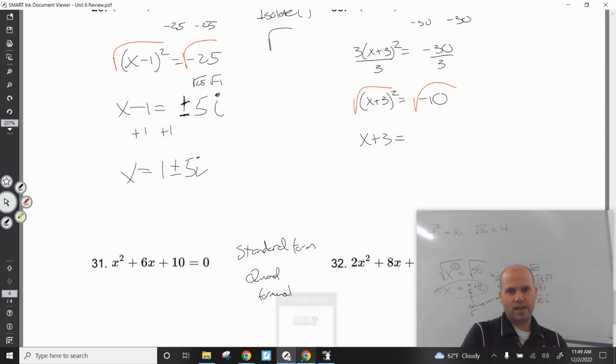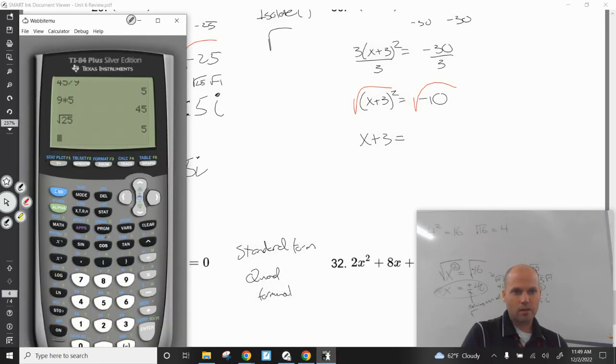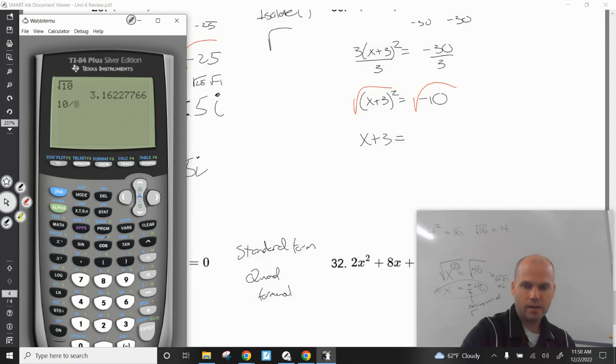What is the square root of negative 10? Don't try to type it in. Your calculator is going to be like, error, error, error. That doesn't mean stuff's wrong. It just means your answers are imaginary. So what you do type in is the square root of positive 10. Okay, I can't do that. Can we simplify the square root of 10? Can we divide 10 by 9, by 4?